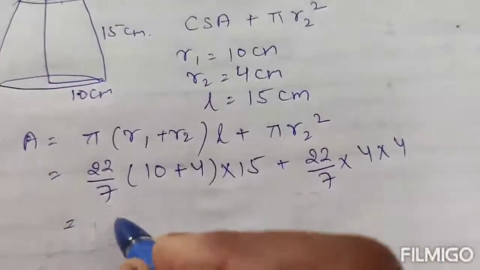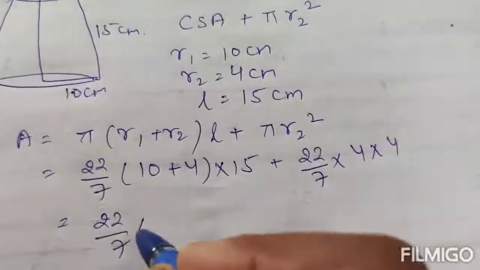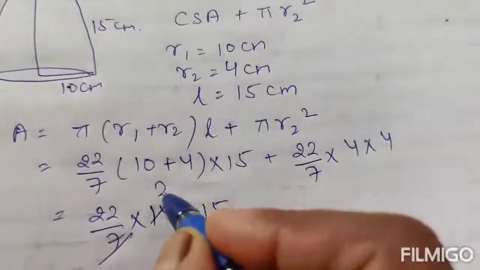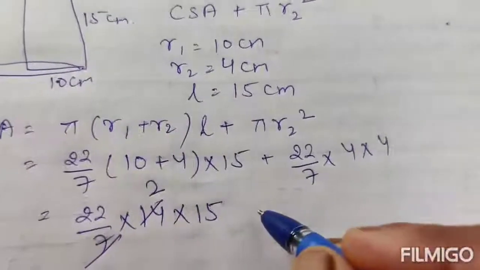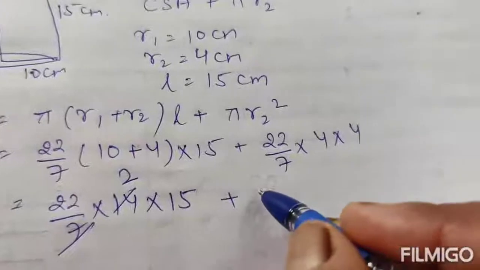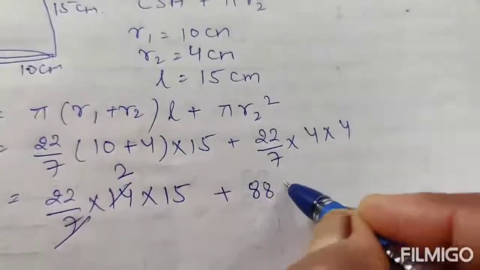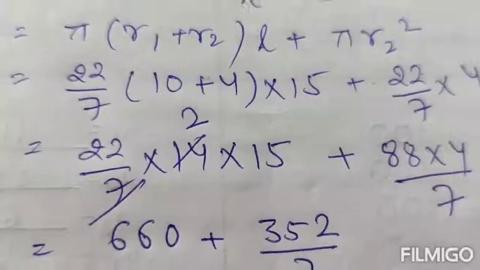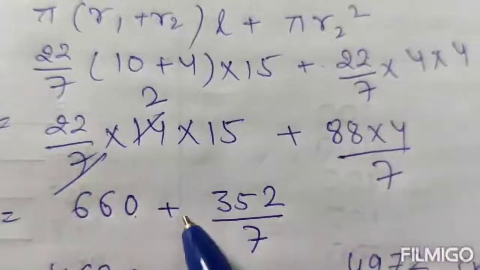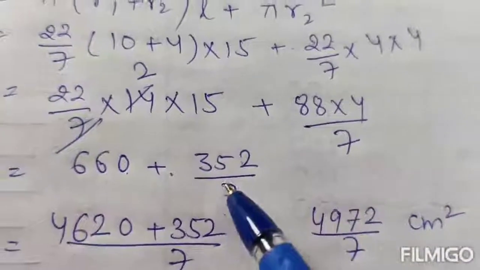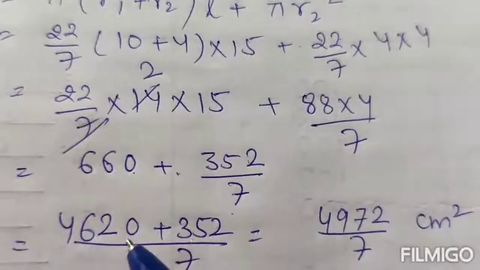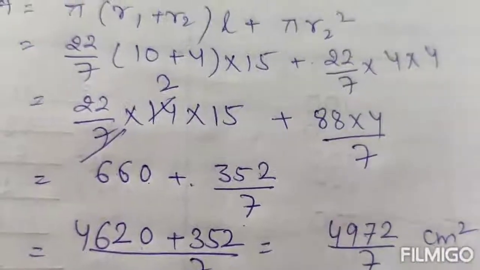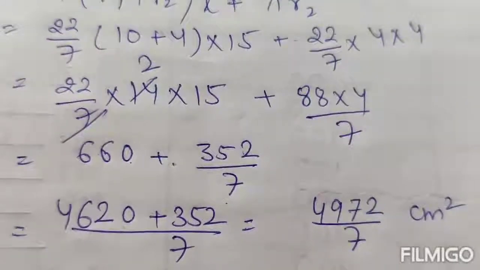Now solving this, 22 by 7 into 14 into 15, and so on. Now 660 plus 352 by 7, and multiplying 660 into 7 gives 4620, plus 352 by 7, which is 4972 by 7 centimeter square.